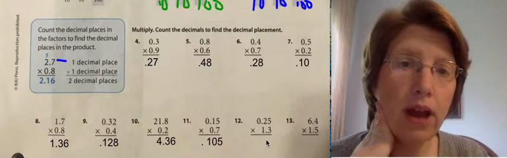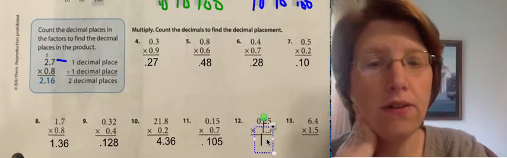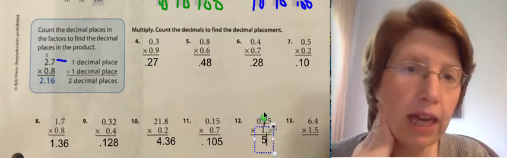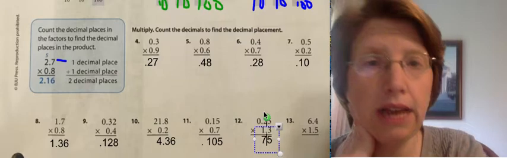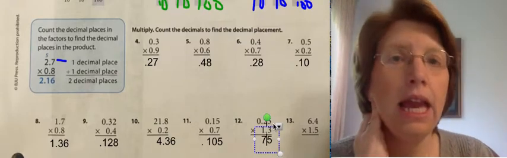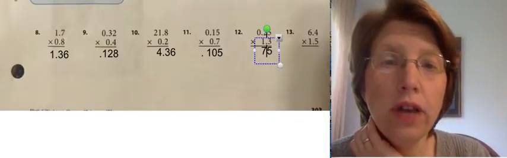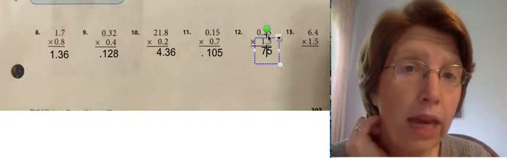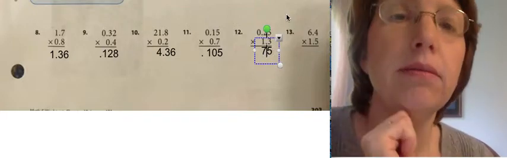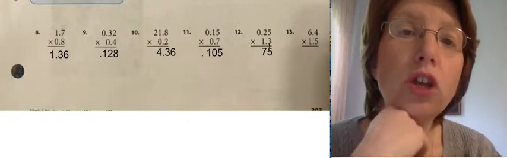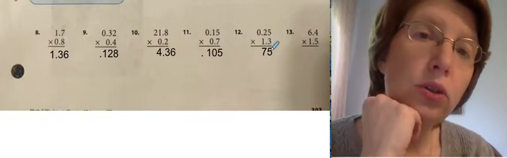Okay, 5 times 3 is 15. I put my 5, I carry my 1. 3 times 2 is 6, plus 1 is 7. Now, here is where we have 2 layers, right? This is going to get messy on my screen. So remember what we do is we go to the second row and we automatically put a 0, right?